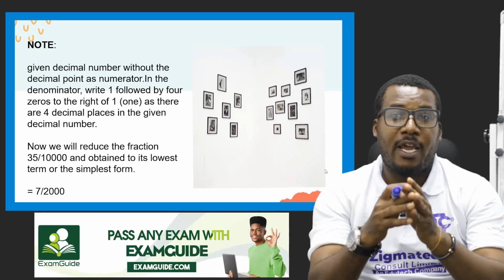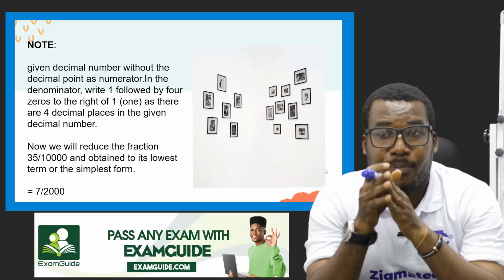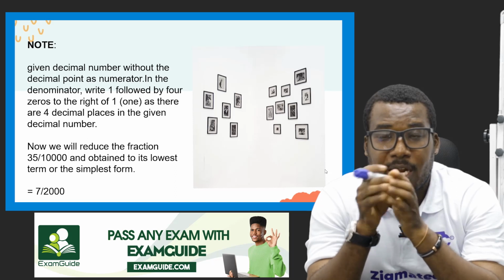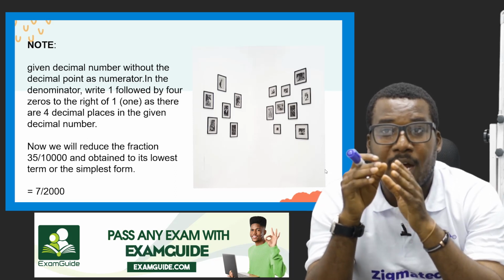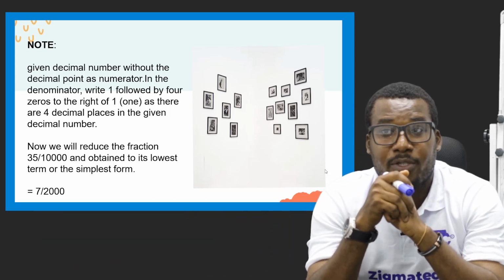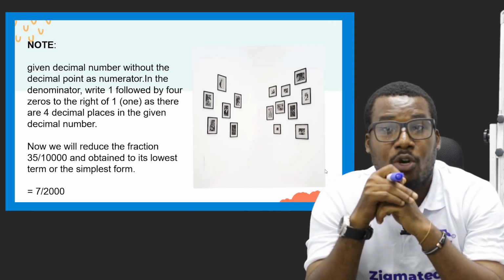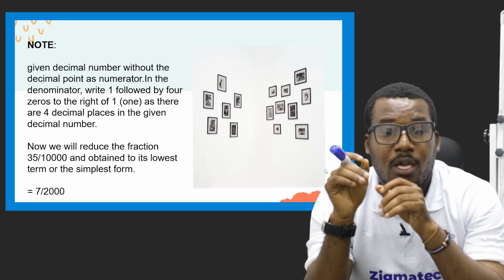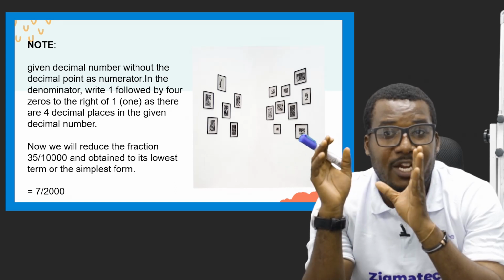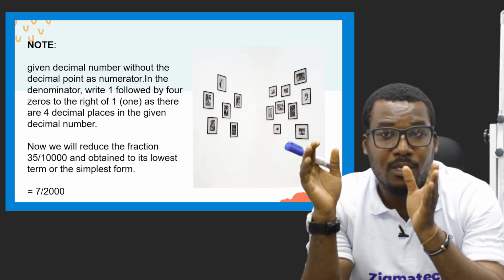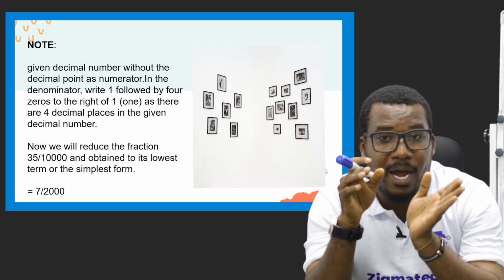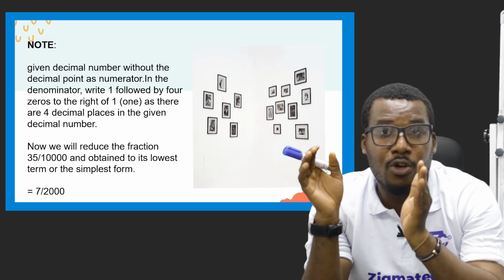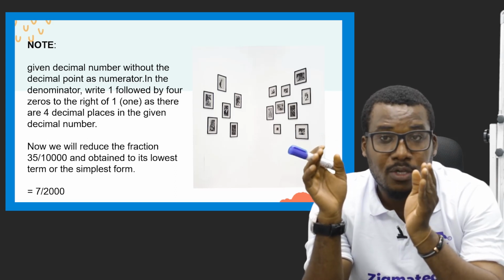Note, in the example that was just given, write the decimal number without the decimal point as the numerator. In the denominator, write 1. Keep the numerator as the number that was given without the decimal point. The decimal number initially now makes up the number at the numerator.